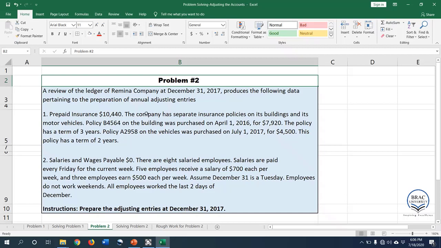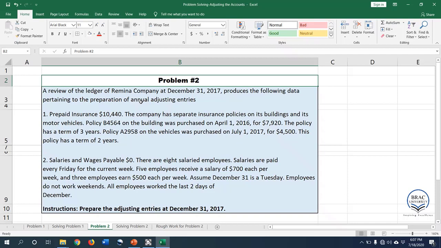As you can see, what has been mentioned here is that a review of the ledger of Remina Company at December 31 produces the following data pertaining to the preparation of annual adjusting entry. That's very important information for us. Annual adjusting entries means that for this company, the applicable accounting period is 1 year.